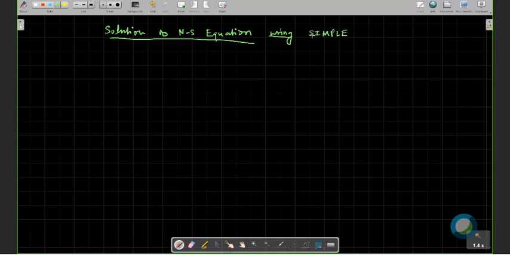SIMPLE stands for Semi-Implicit Method for Pressure Linked Equations.